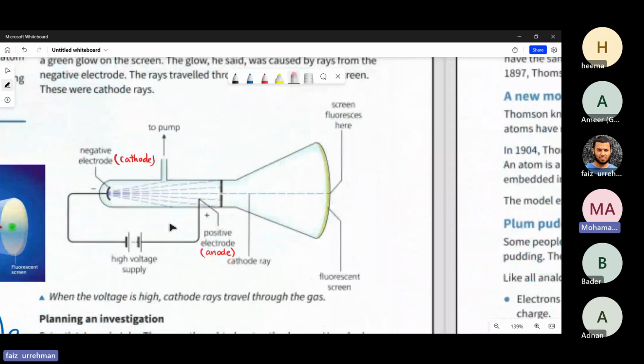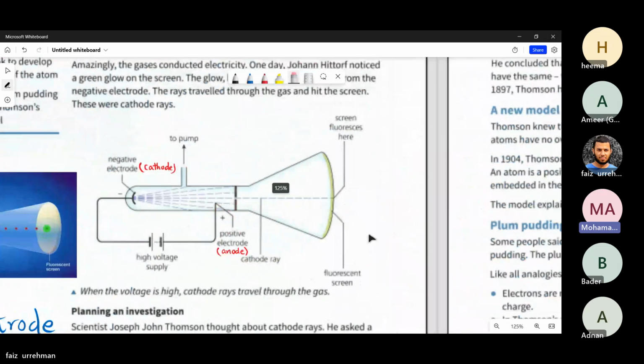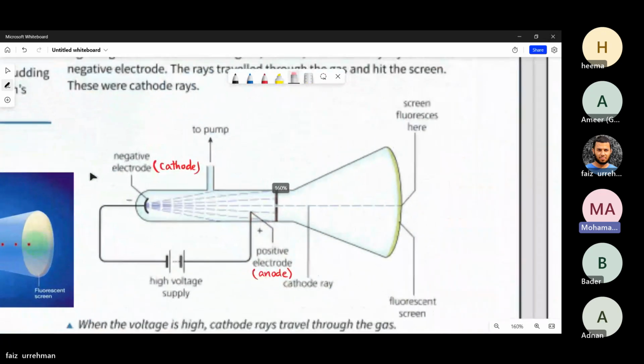For example, if the cathode had five electrons and the anode had five too, and they attract each other, they'll cancel each other, and that will be neutral. How will they be neutral? Because they would cancel each other. These are two separate beings altogether.